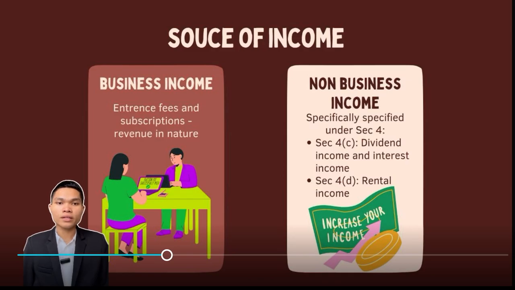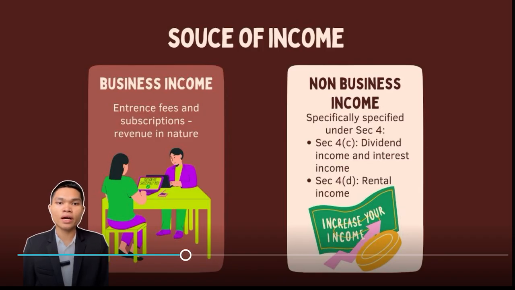Sources of income are divided into two, which are business income and non-business income. Business income includes revenue generated from interest, fees and subscriptions. These are treated as revenue in nature and contribute directly to the organization's operational income.